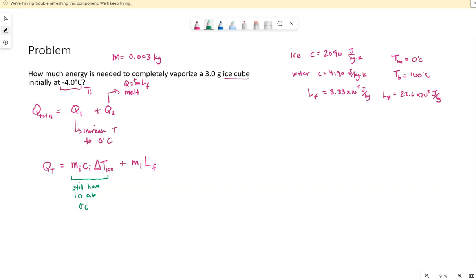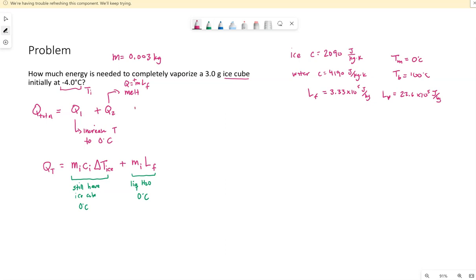So when we plug in the mass of the ice, C of the ice, and the temperature change of the ice, we'll still have the ice cube at 0 degrees Celsius. We have to put in this M times L energy to now have liquid water. The ice cube has melted, but it's still at 0 degrees Celsius. We have not put in enough energy to change its temperature.